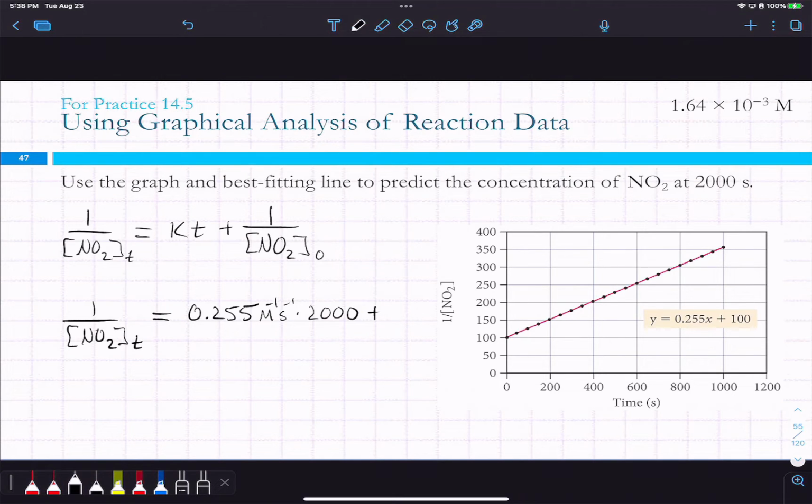Plus our 1 over our initial concentration. So it's actually just going to be 100, because that 100 is already 1 over the concentration to make it the straight line. Right, yeah, so just 0.255 times 2,000 plus 100.